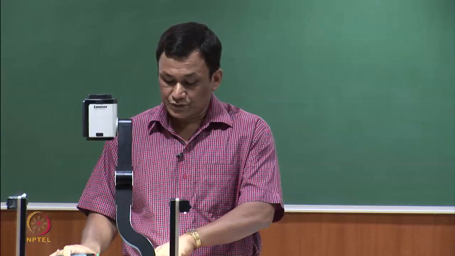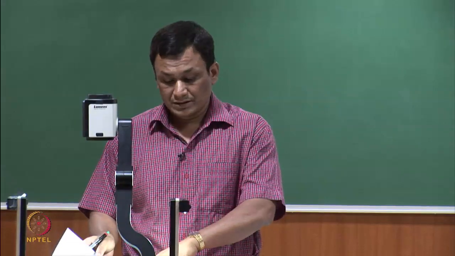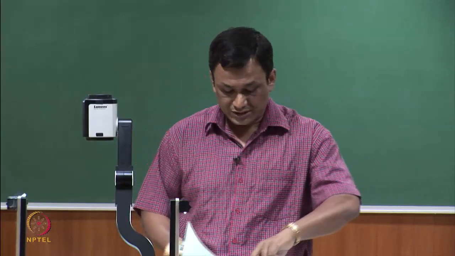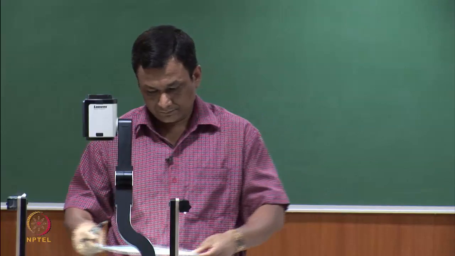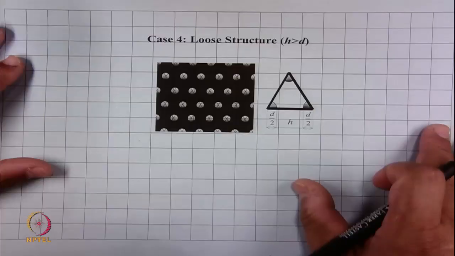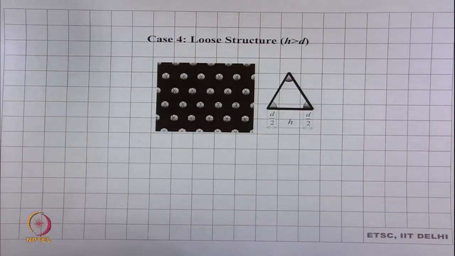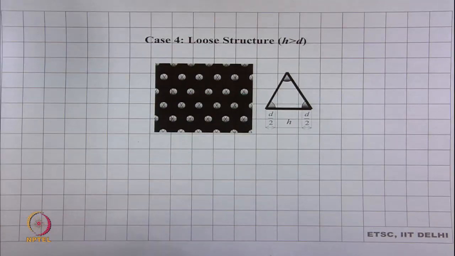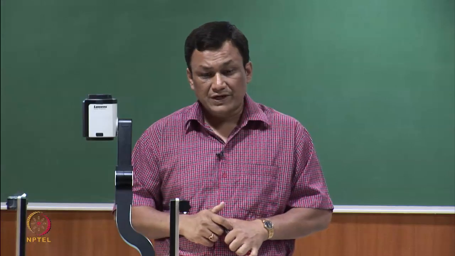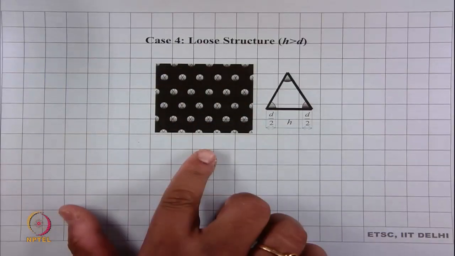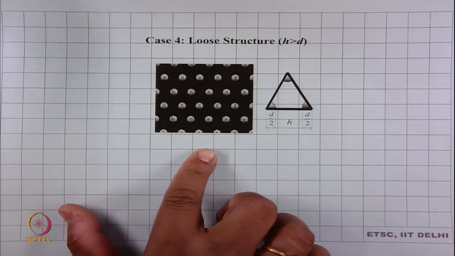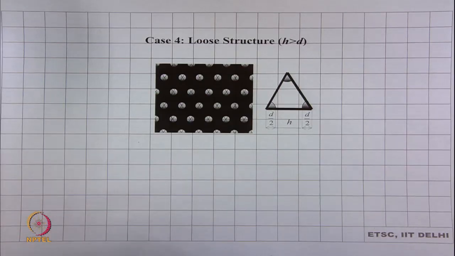Now, we will proceed to the last variant, that is loose structure. The scheme of the loose structure is shown here. Here the distance between fibers is too large, you can visualize it. What is the packing density of this structure?